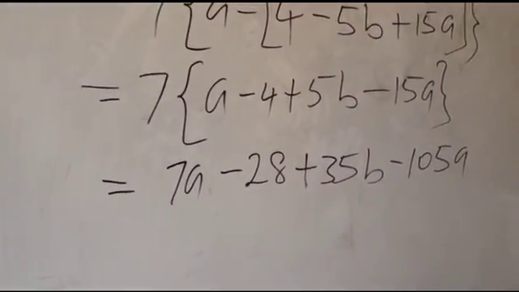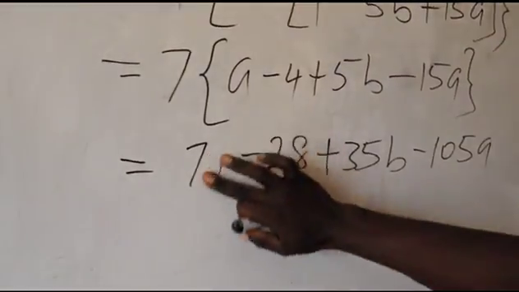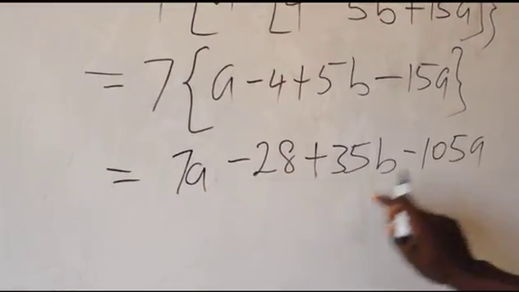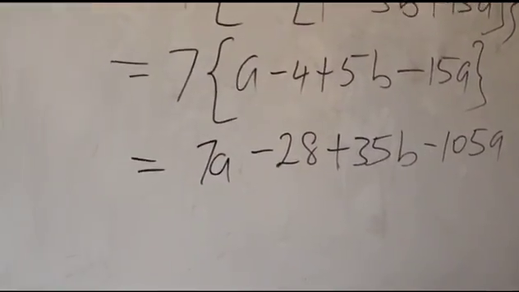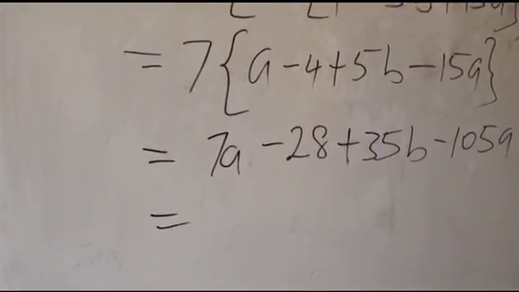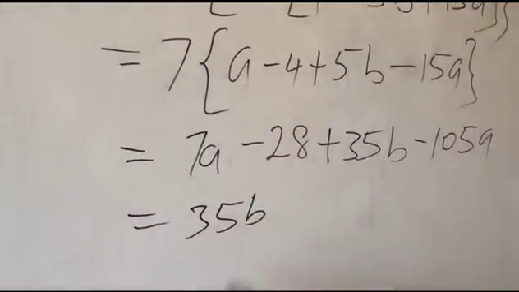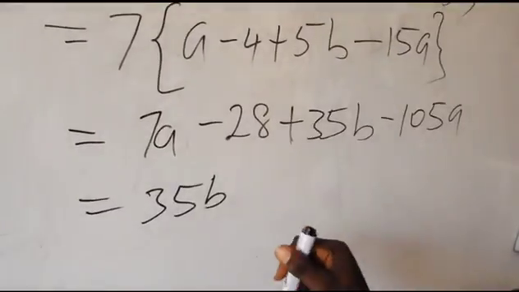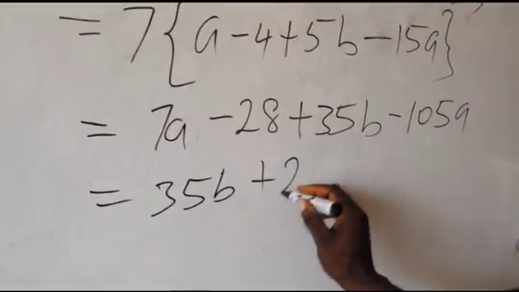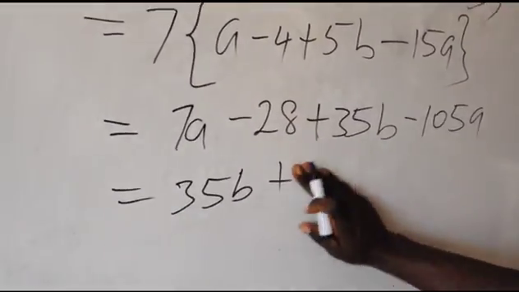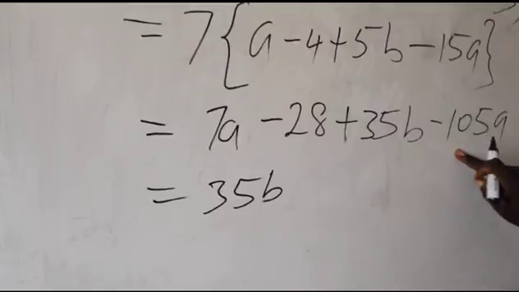So here now, we have to collect like terms. 7a here and the 105a are like terms. So we'll carry these two to this place. Then plus 28, 35b, and minus 105a.